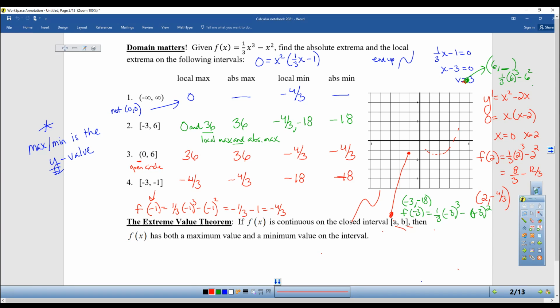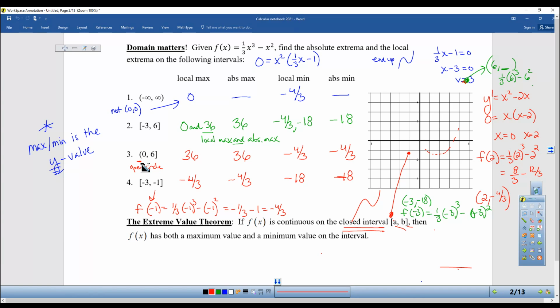So this last example leads us to the extreme value theorem, which is not complicated. They just gave it a fancy name, which says that if you have a function that's continuous, which this clearly is, then there has to be both a maximum and a minimum if it is a closed interval.